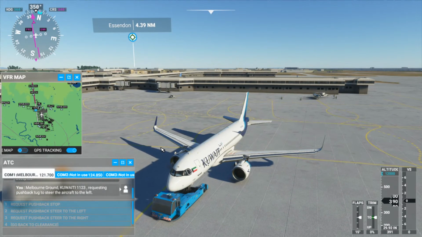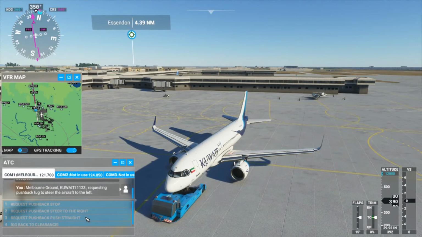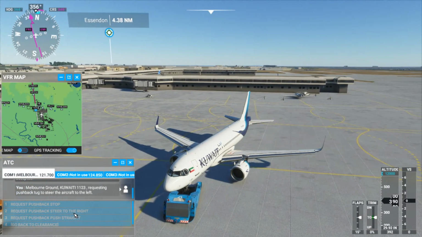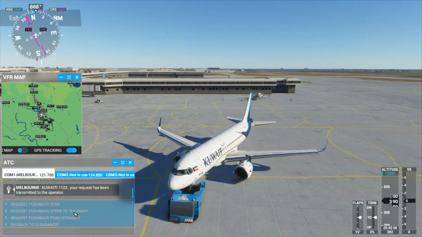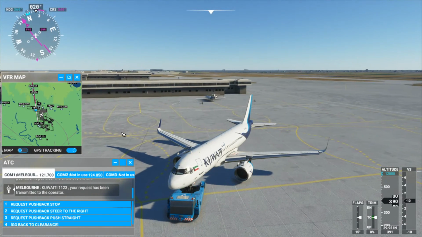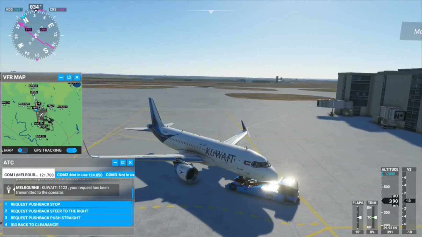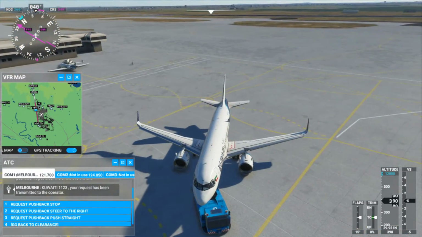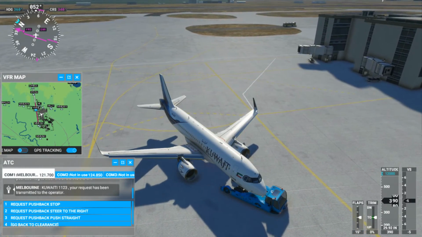Melbourne ground, Kuwaiti 1123 requesting pushback to steer the aircraft to the left. Oh, right. Kuwaiti 1123, your request has been transmitted to the operator. Anyways, let's do it that way then. Let's go this way. Okay, and then I'm gonna ask it to stop around.